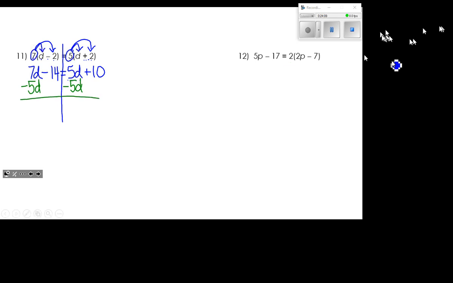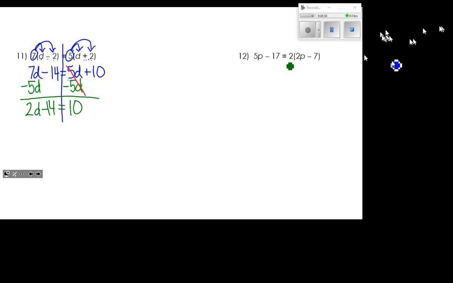And I can always cancel when I do something to both sides. 7d minus 5d is 2d. I'm going to bring down the negative 14. And on the second side, I'm left with positive 10.